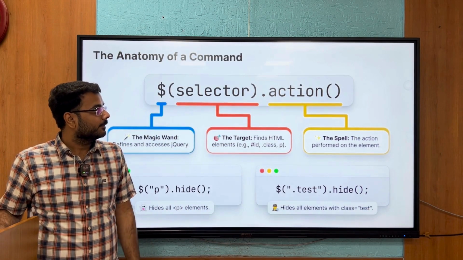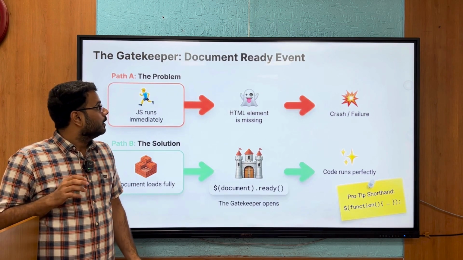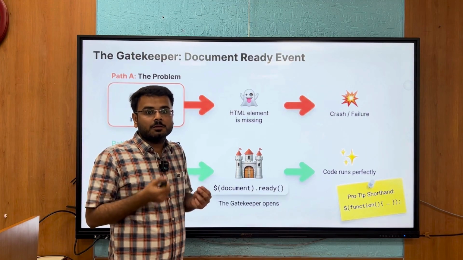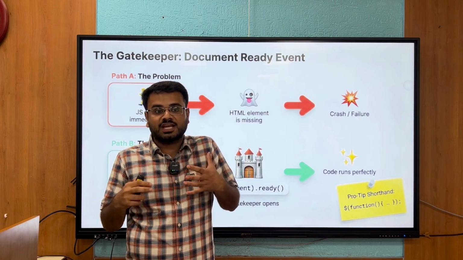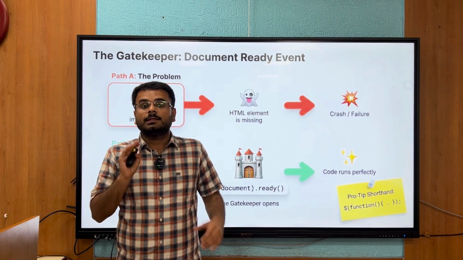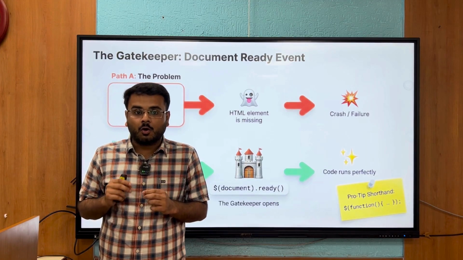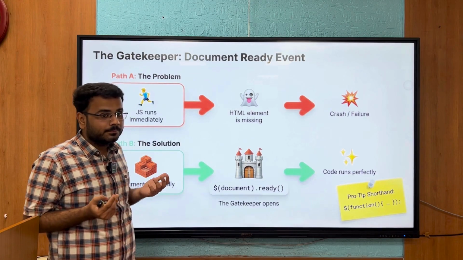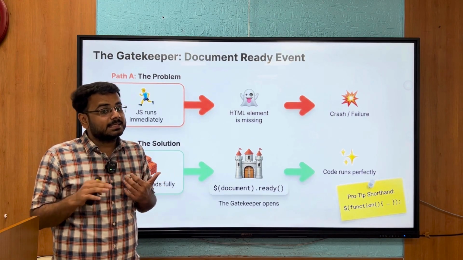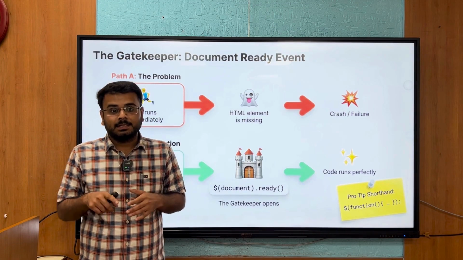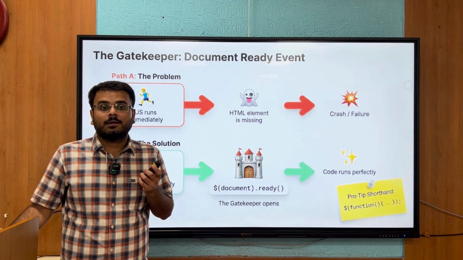One of the biggest mistakes new developers make is trying to change a website before it has finished loading. This is a pitfall on our side. The JavaScript runs immediately, but the HTML elements it's looking for have not appeared yet, leading to a crash or a failure.